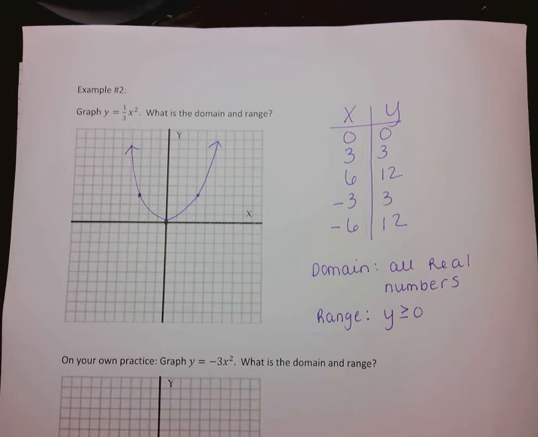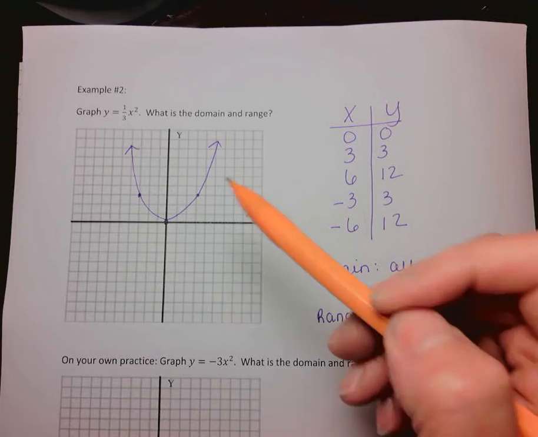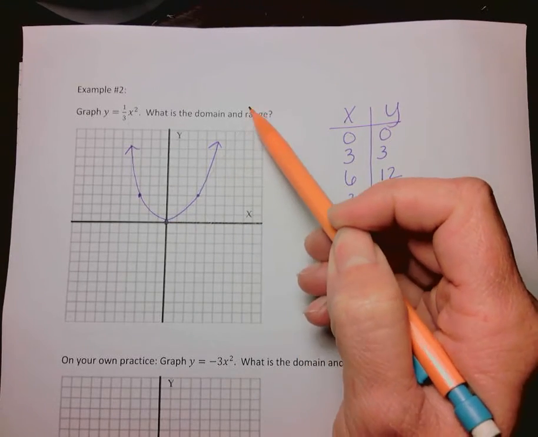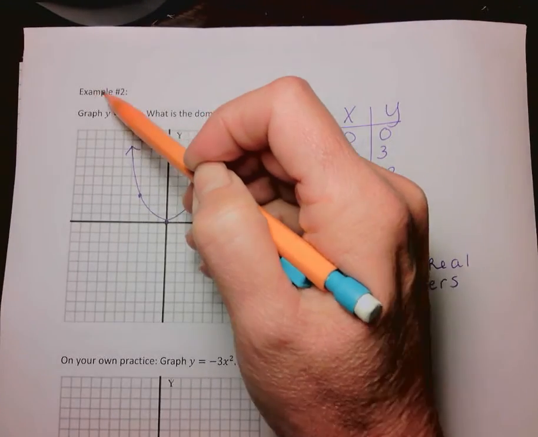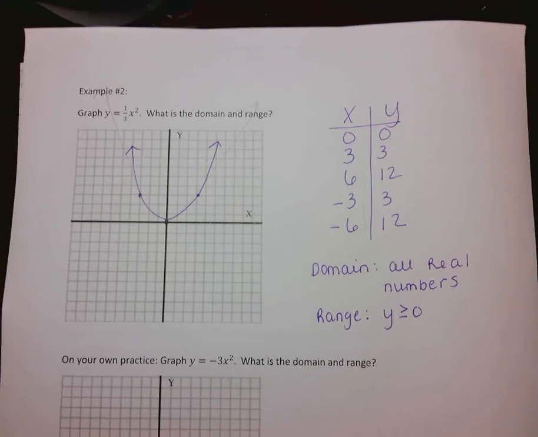Well, my domain, remember, is all of my possible x values, and the range are all of the possible y values. So the domain here is going to be all real numbers, because remember, this graph is going to keep going out in both directions towards infinity.